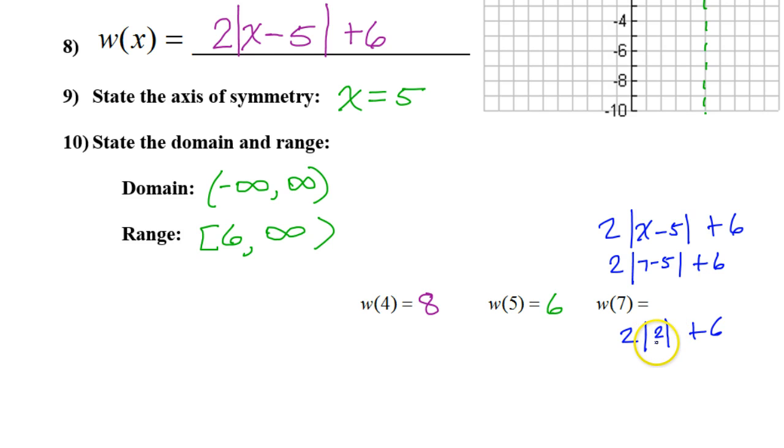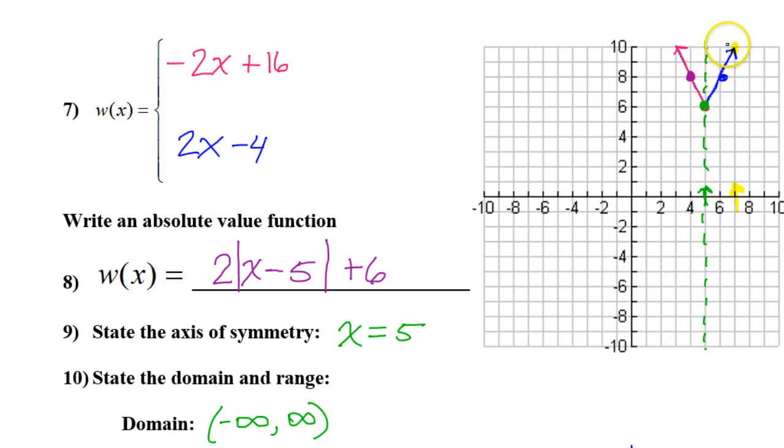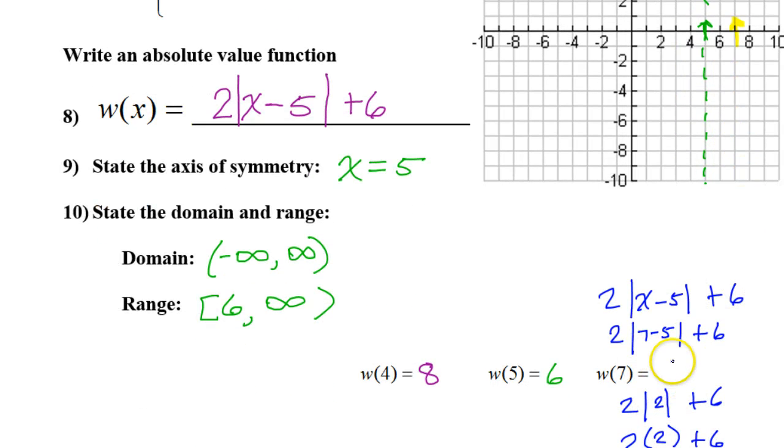If it's a positive number already, it'll just stay positive. So this is the same thing as 2 times 2, because the absolute value of 2 is just 2. The absolute value of negative 2 is also positive 2. So this is going to be 4 plus 6, which is 10, which is what I was guessing based on the graph. So W of 7 is 10.